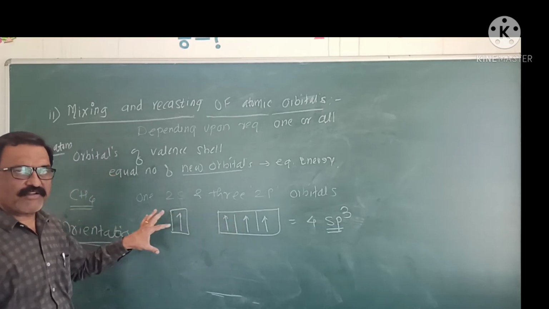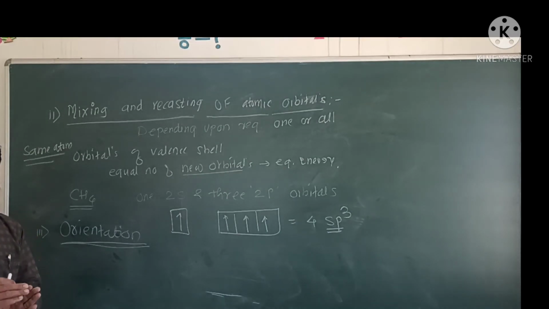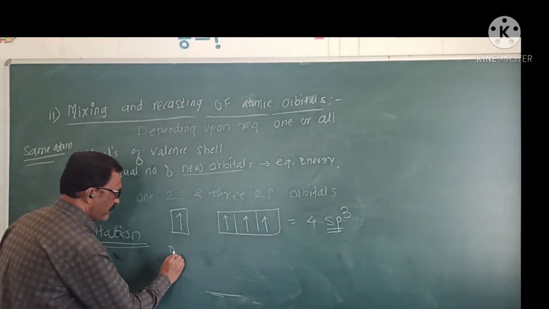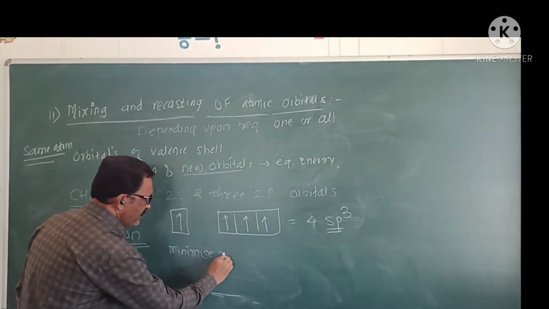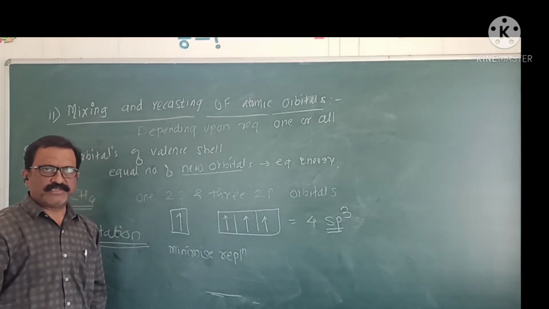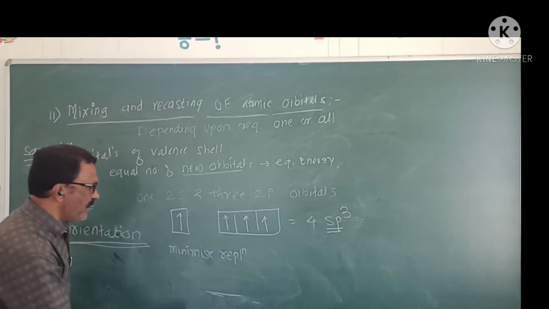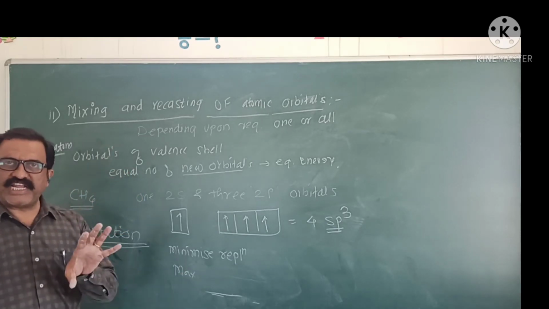These hybrid orbitals are oriented in space to minimize repulsion between electrons and to acquire maximum stability.